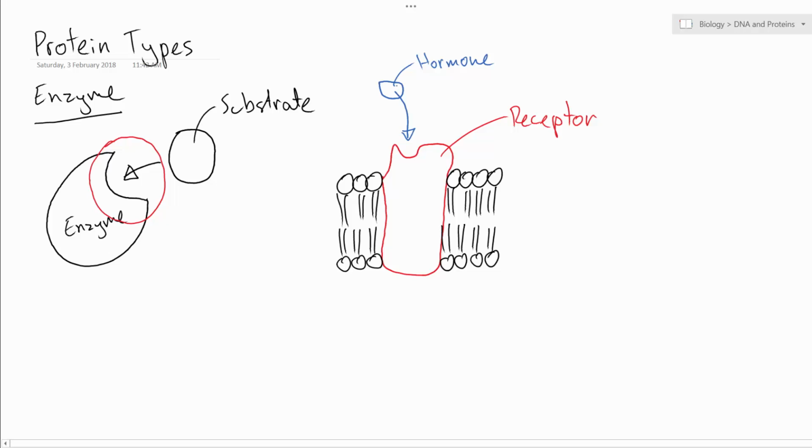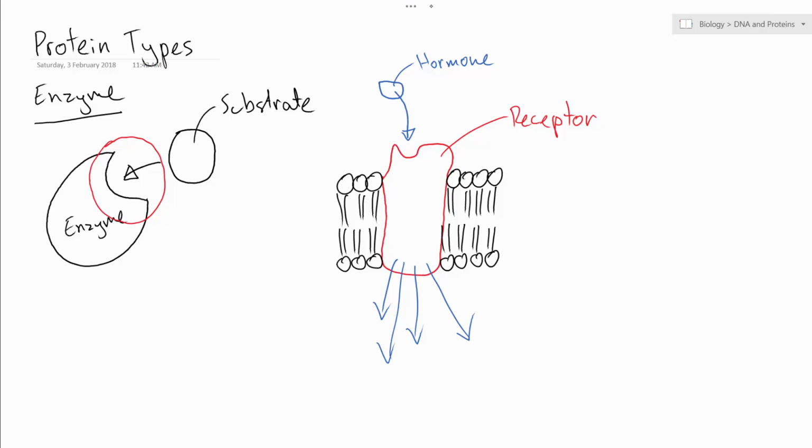So that hormone needs a certain shape to bind to the certain site with a complementary shape on the receptor, so that then we can see some sort of action be stimulated inside of the cell. We might get a chemical released or something like that, and the cell might grow or do a number of different things because of that activity.